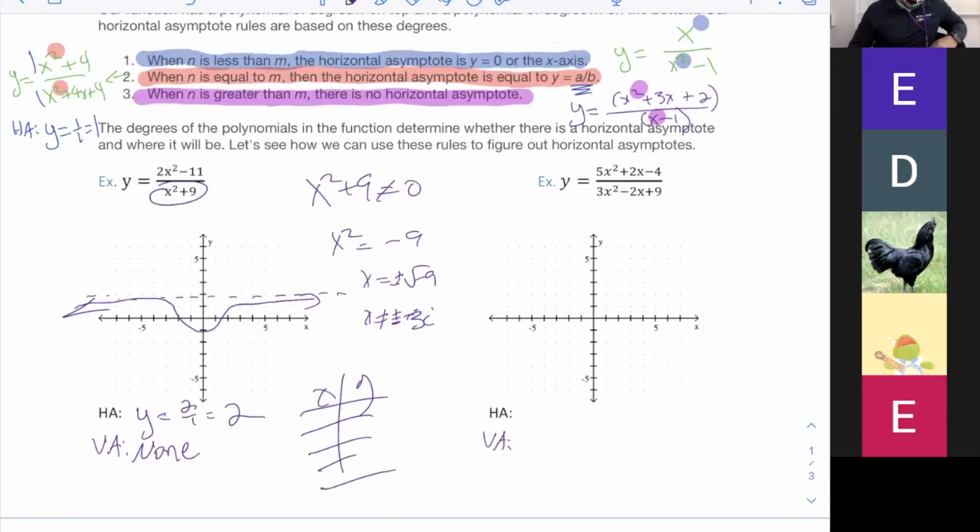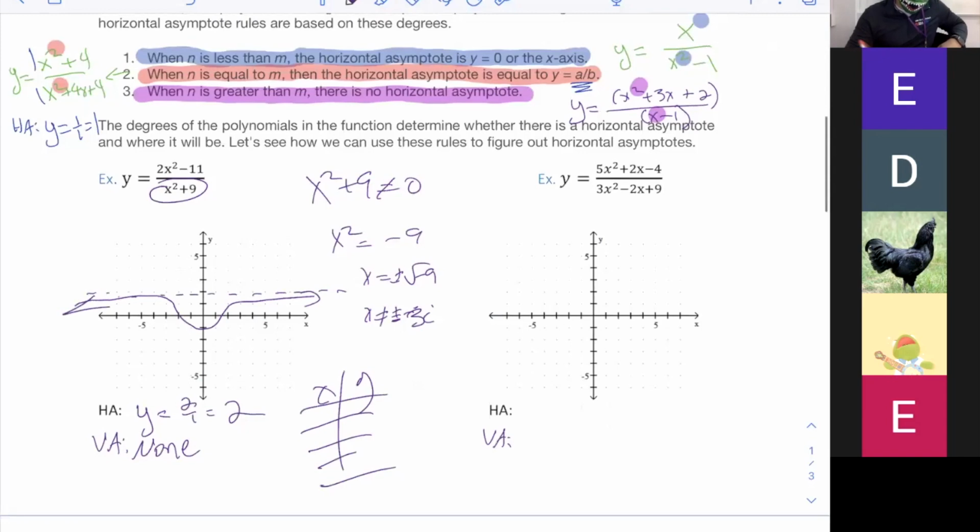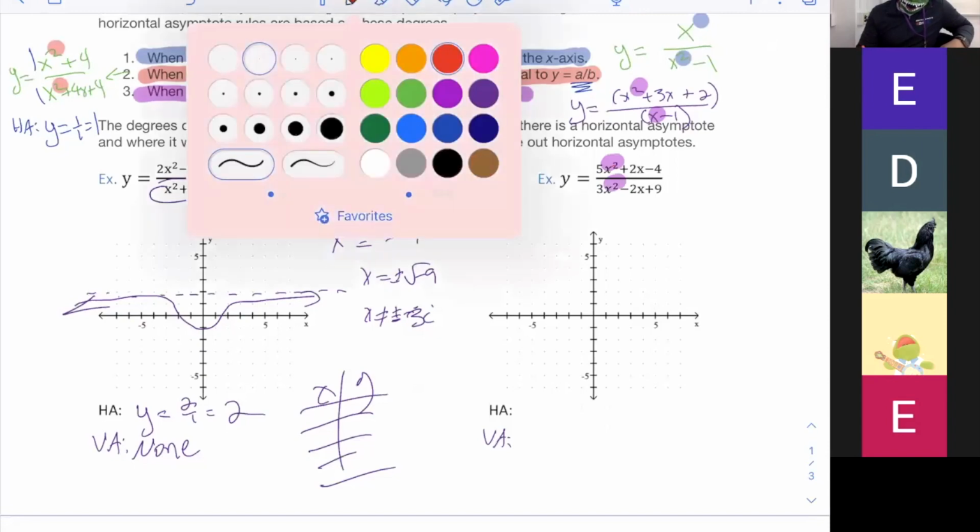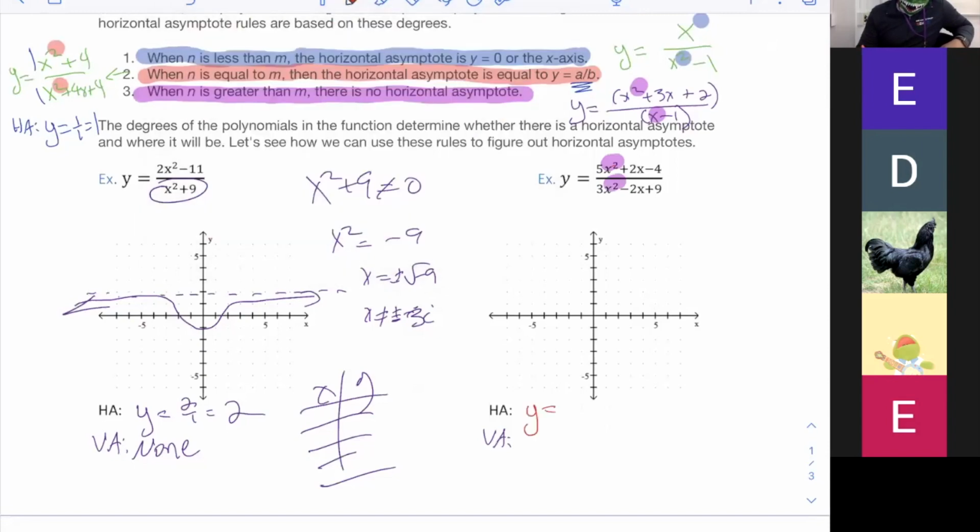Over here, the second example, again, we have to pay attention to the exponents. These exponents are the same. They're both x squared and x squared. So my horizontal asymptote is y equals 5 over 3, which is a little less than 2.